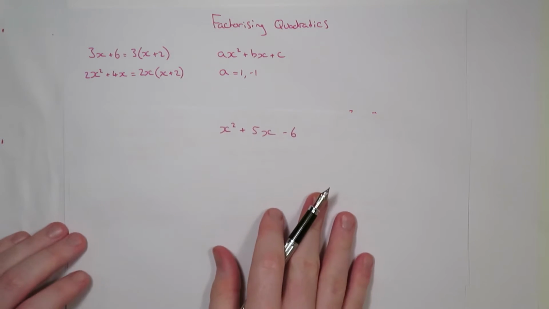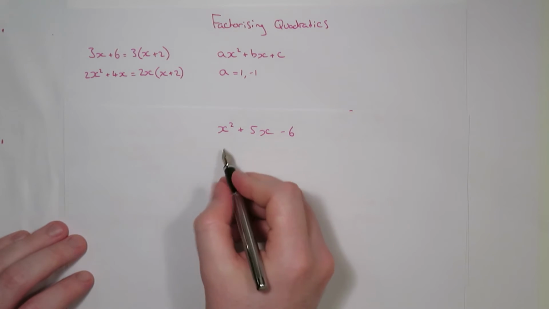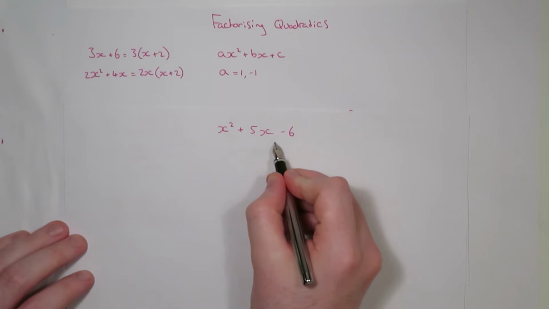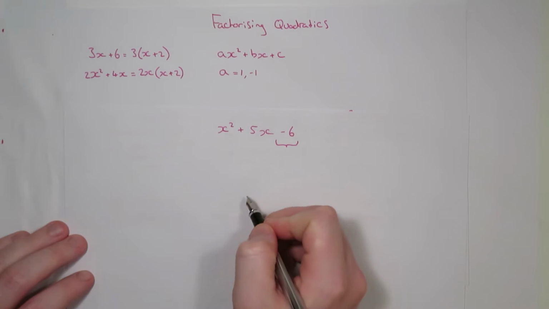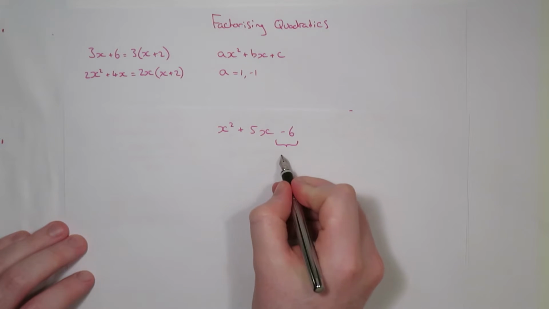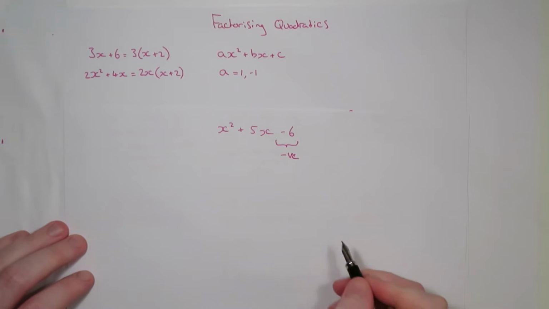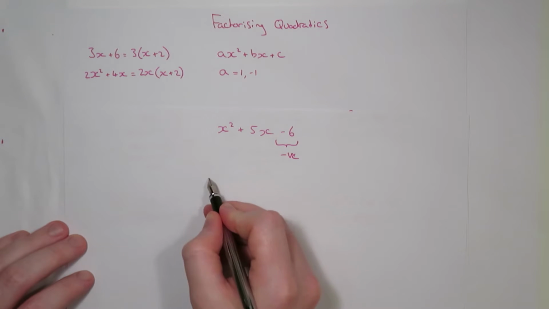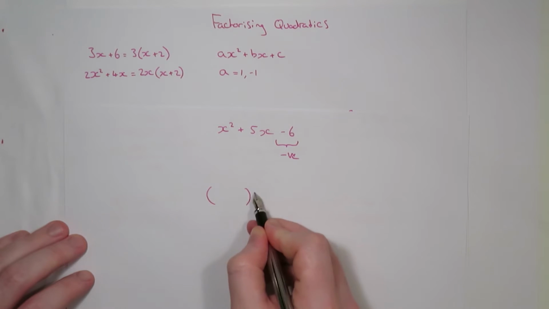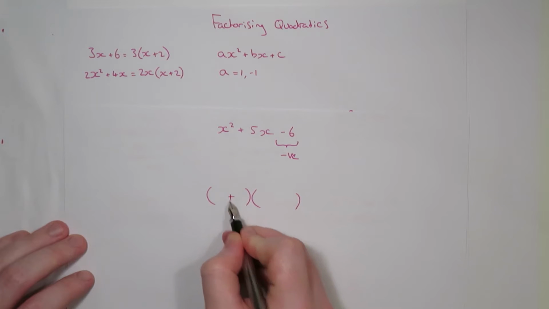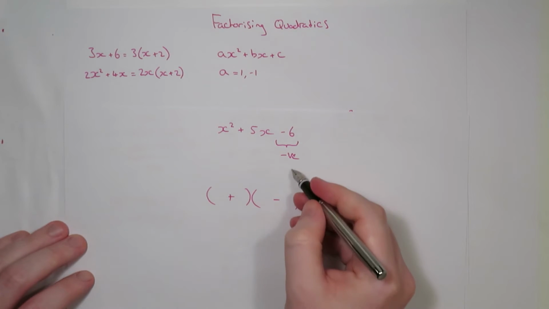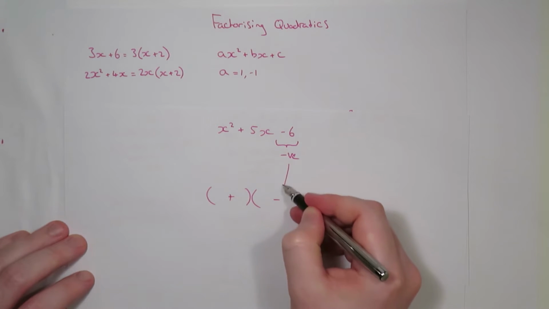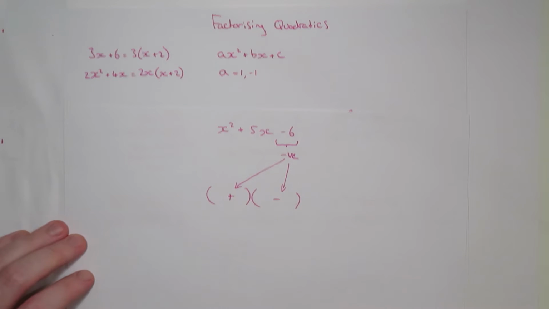So, to factorise this, if that last term there is negative, then when you put it in two brackets, one has to be positive and one has to be negative. So this negative here tells you that information.